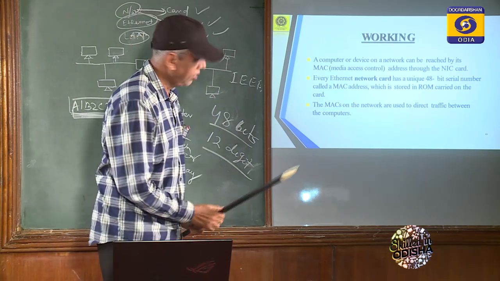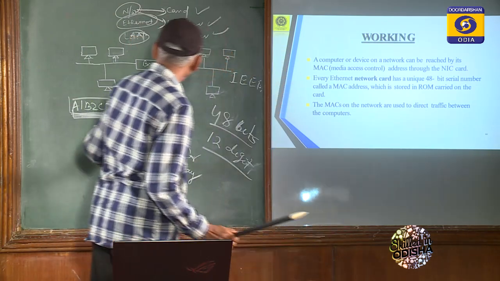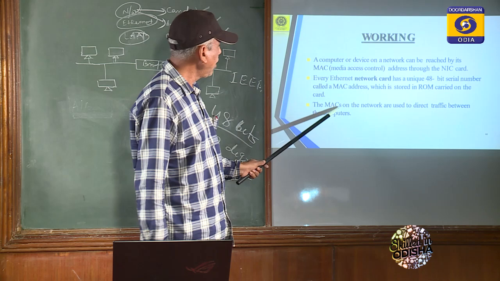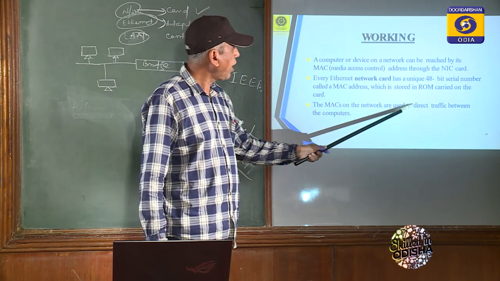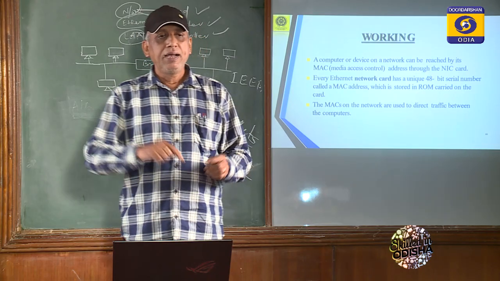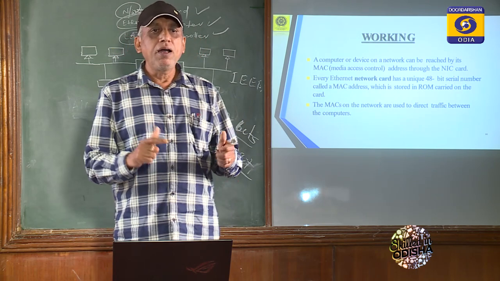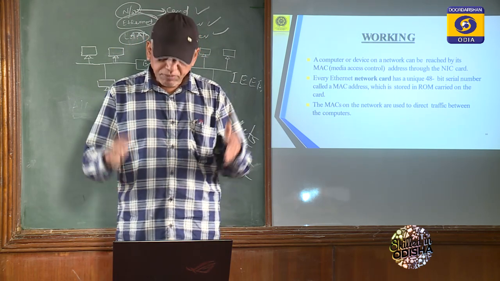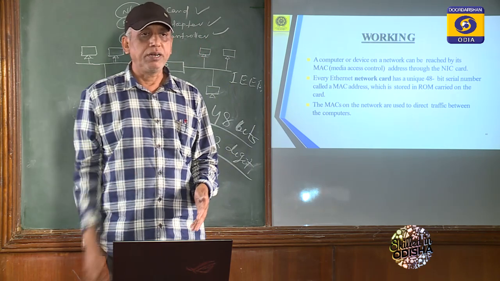First we should know this: the MAC address on the network is used to direct traffic between computers. That means it is now capable of transmitting data from this computer to the network.